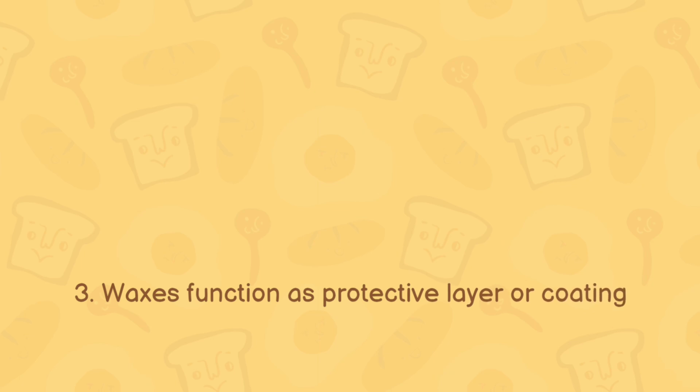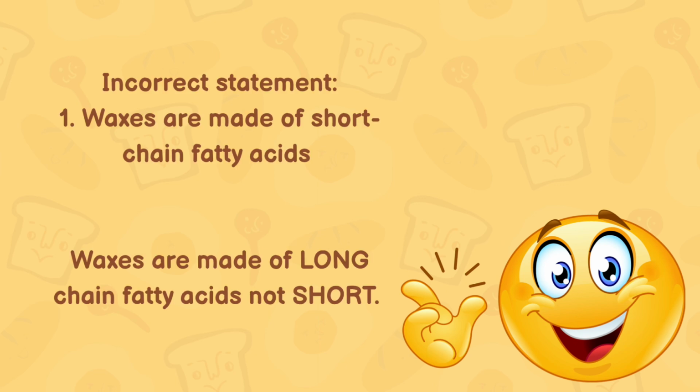Third statement, waxes function as a protective layer. What do you think is the incorrect statement? Is it number 1, number 2, or number 3? Okay, very good. It is number 1. Waxes are made of long chain fatty acids, not short ones.